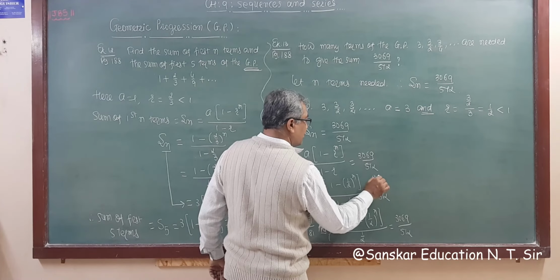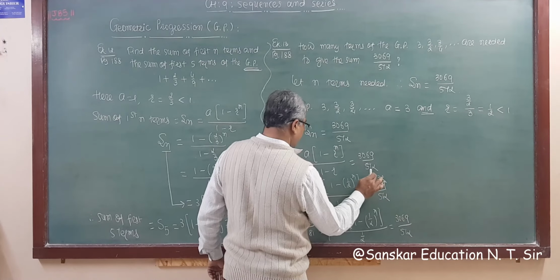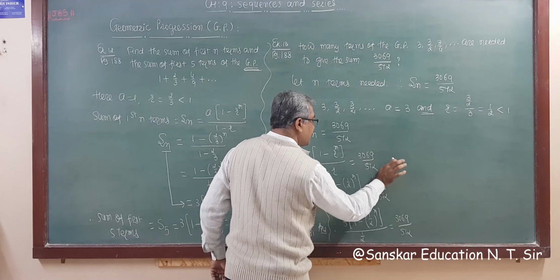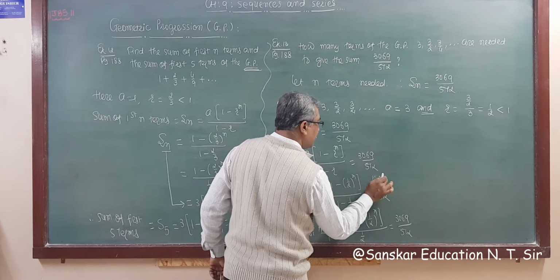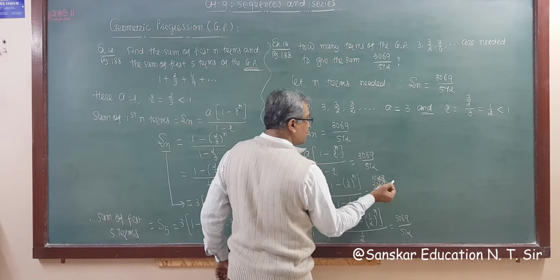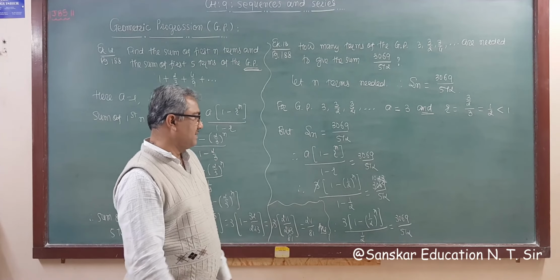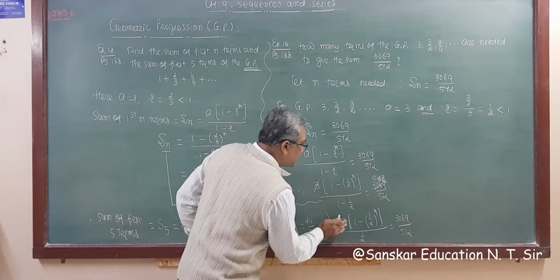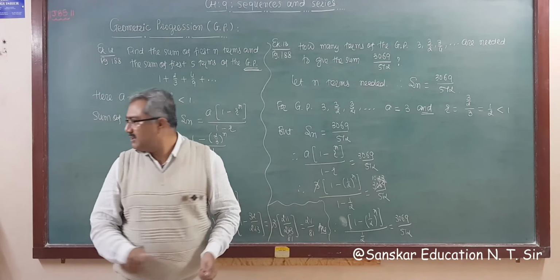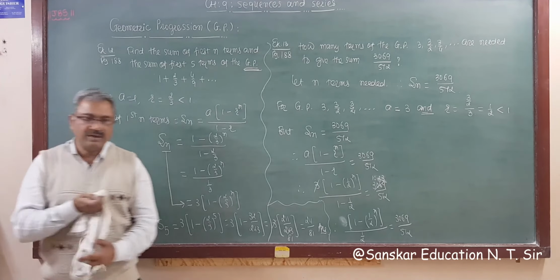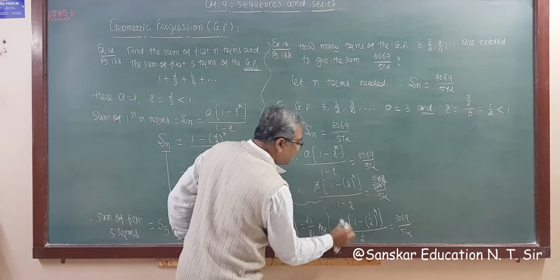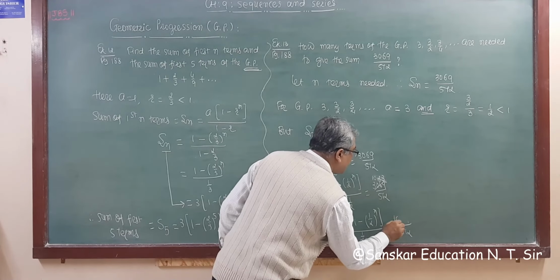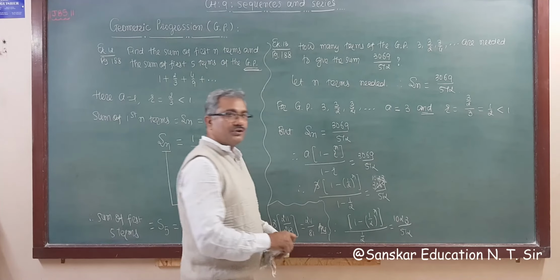If you want to reduce the step, you can reduce this here. 3069 divided by 3 is 1023. So this 3 will be reduced, and this is 1023 upon 512.